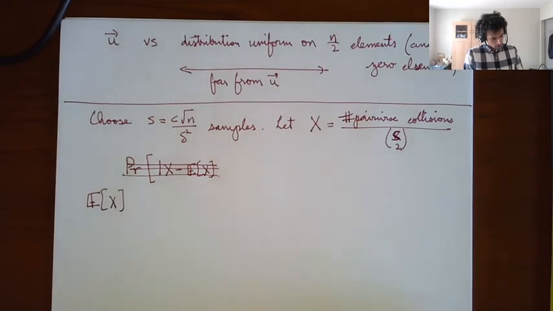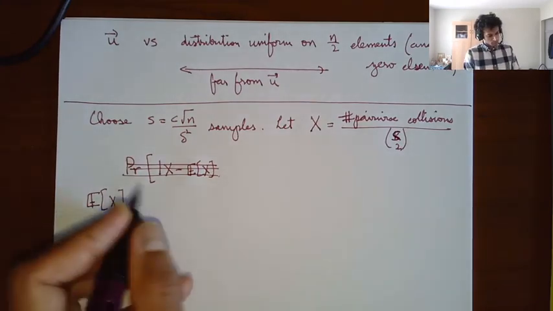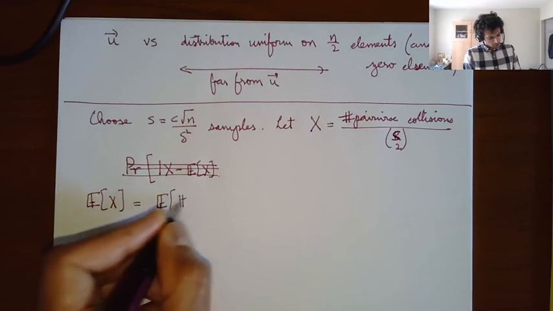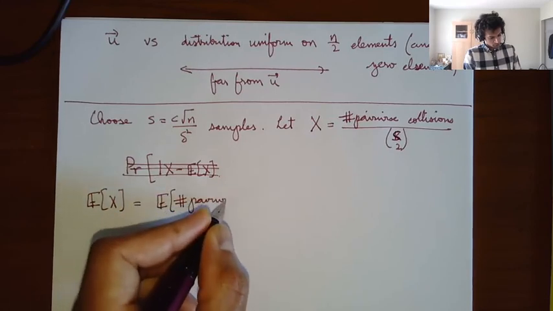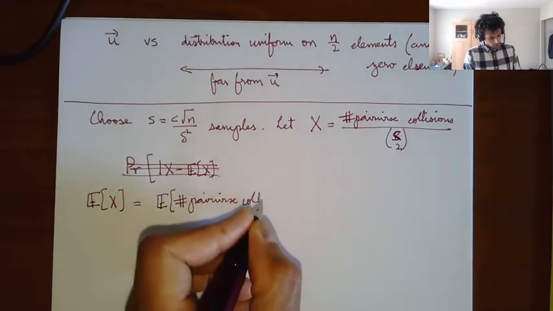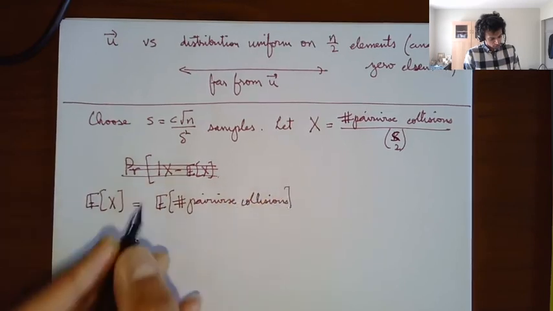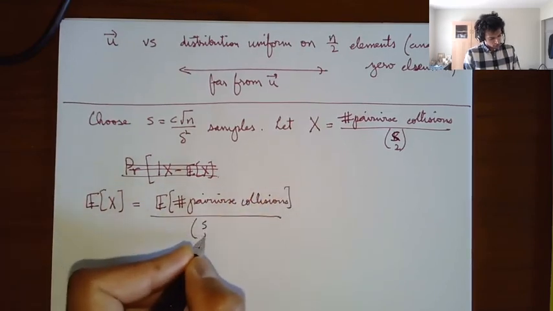What is the expectation of X? Let's look at the expected number of pairwise collisions divided by S choose 2.